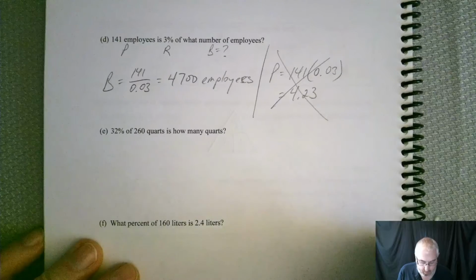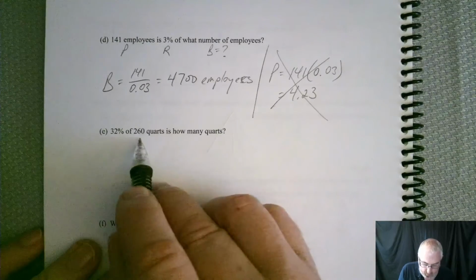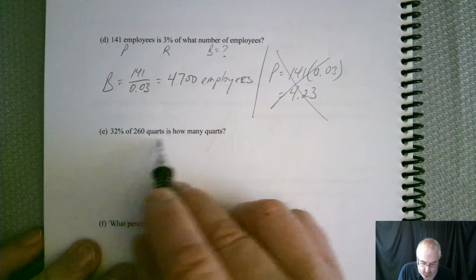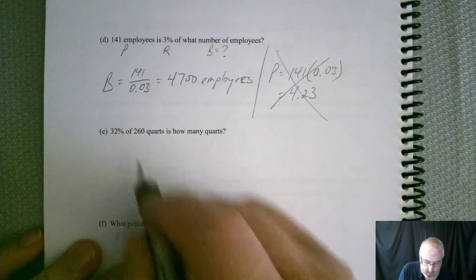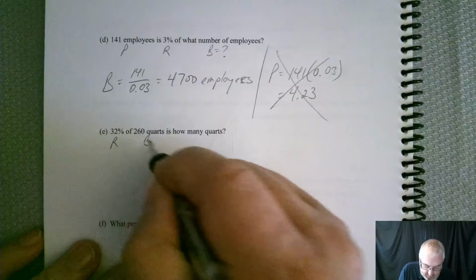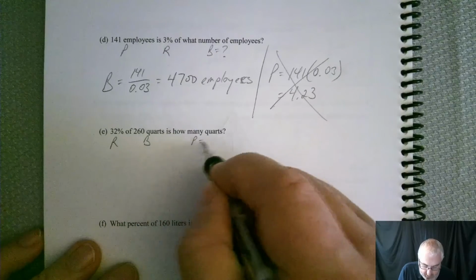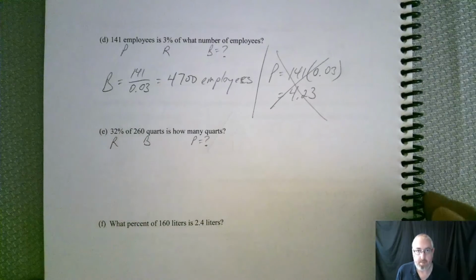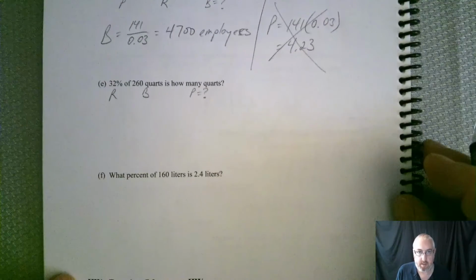Let's do a couple more. 32% of 260 quarts is how many quarts? So 32 is going to be our R. Of 260 is going to be our B. And so P is unknown. All right.